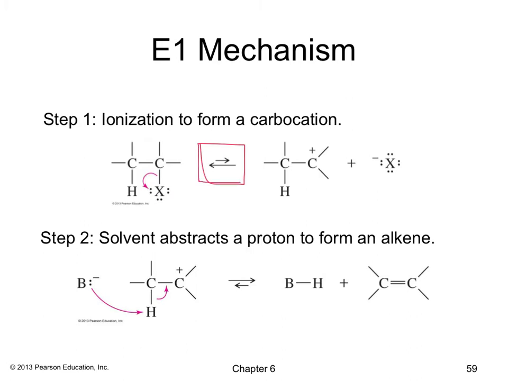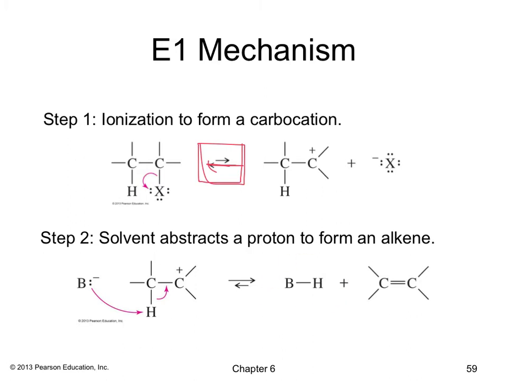Like in SN1, the arrow to the left is a little larger than the arrow to the right, forming the carbocation and the halide. The second part is that the solvent, or the nucleophile, in this case a base, will deprotonate and form the double bond, generating the alkene and protonated base.